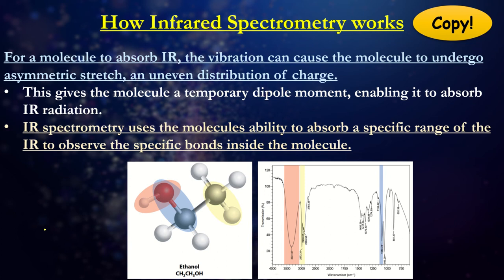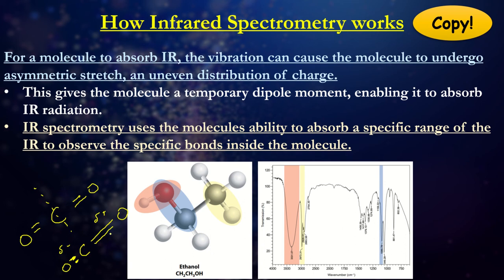So if I have carbon dioxide, just by looking at it, it's symmetrical, right? Both sides are an equal distance apart. When it absorbs this infrared radiation and vibrates, one side of the oxygen could be a bit closer and the other side could be further stretched out, and that could cause an opposite distribution of charge.